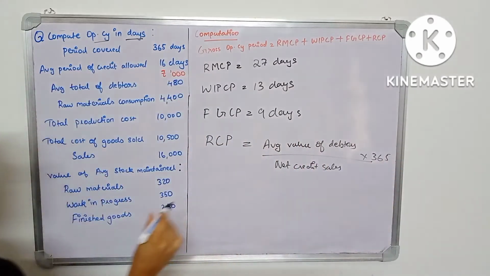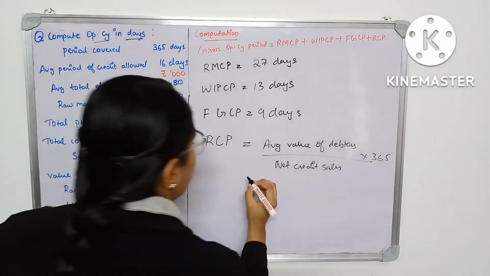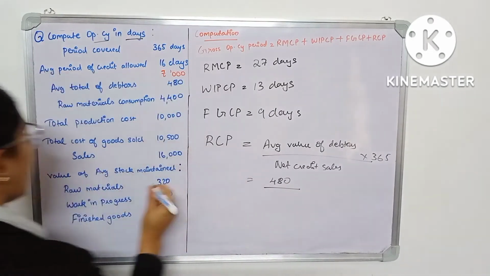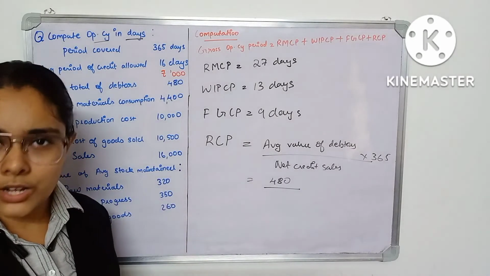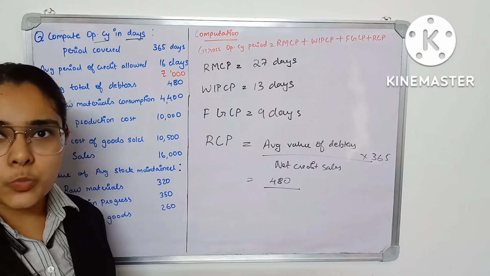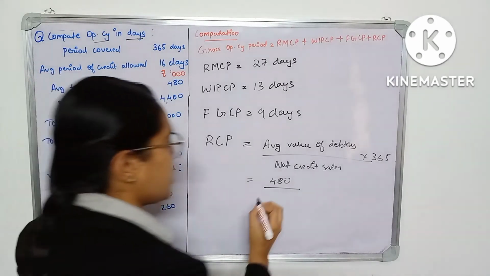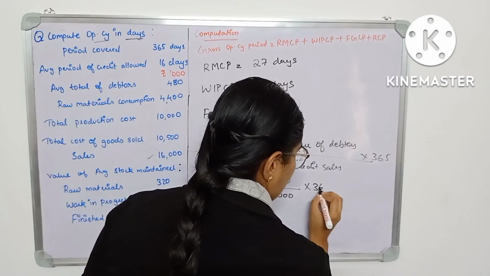Here we are given the value of debtors to be 480 and the given amount of sale is 16,000. It is not mentioned whether it is credit sale or cash sale, but we assume it to be credit sale, and so we are taking the whole amount of 16,000. So 480 divided by 16,000 into 365.